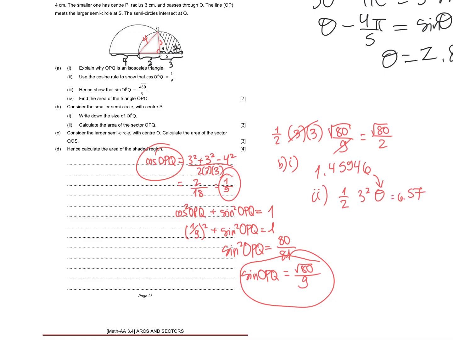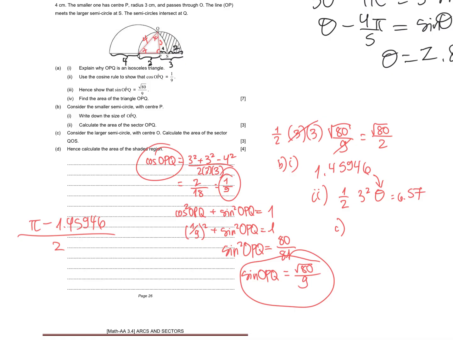All right. Now consider the largest semicircle with center O. Calculate the area of the sector OQS. So we want that thing. All right. So this thing is an isosceles triangle. This. So we can find out this angle. So we can do pi minus that 1.45946. Divide that by 2, because this will be the same angle as this.